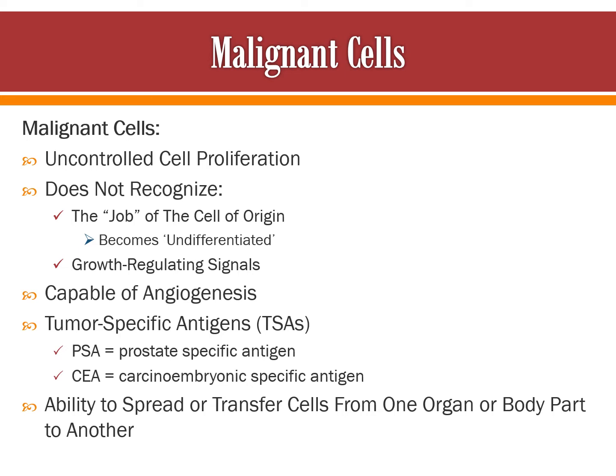So for our purposes, we look for tumor-specific antigens. For example, if somebody is male and we want to assess whether or not they have prostate cancer, we are going to look for prostate-specific antigens. We call that PSA. These are very specific markers. We're looking for a particular level of these PSAs to see whether or not that patient is at risk for getting prostate cancer.